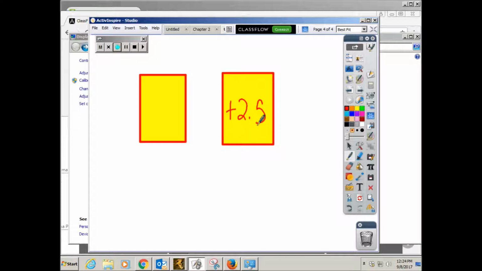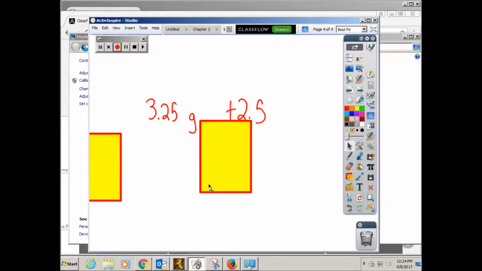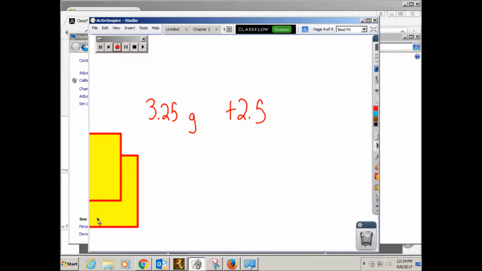What does the $325 represent in the problem? Each game. If I play 1 game, it's 325. 2 games, it's 325 times 2. 3 games, it's 325 times 3. That's why the answer, written as an expression, is 3.25 times G, times the number of games, plus 250. Does that make some sense?